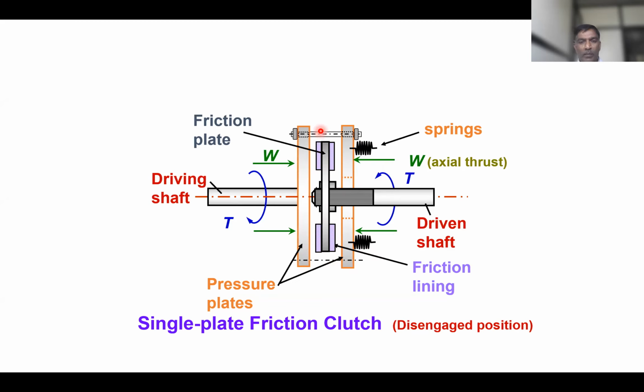Okay, a total of 3 elements are there: the flywheel, then the friction plate or clutch plate, and the pressure plate. So this one is the driven shaft, which has splines on which this clutch plate can slide.